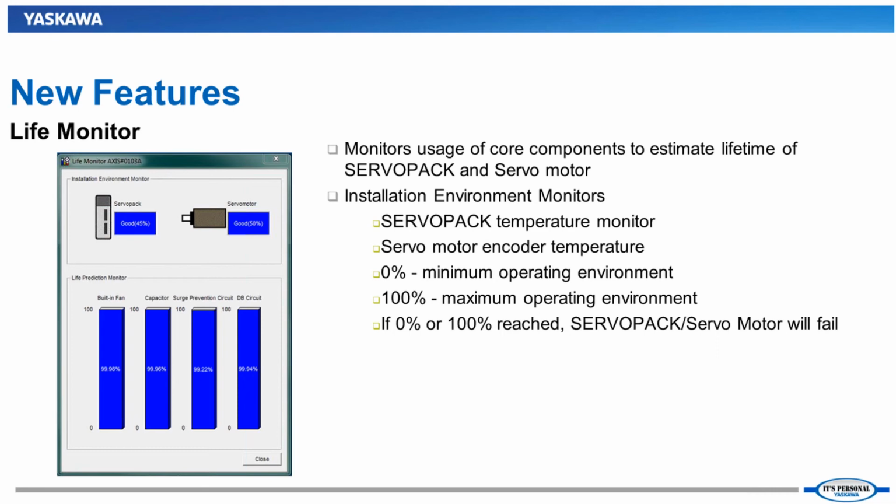If you look at it in this view, seeing 45 and 50% seems a little weird, considering it was pretty much a brand new motor, but really that is pretty good. 0% is actually going to be your minimum operating environment, and 100% is your maximum operating environment. So you really never want to hit those numbers because that will actually cause the servo pack or servo motor to fail. Being at 45 and 50%, right in the middle of their operating environment, is ideal.